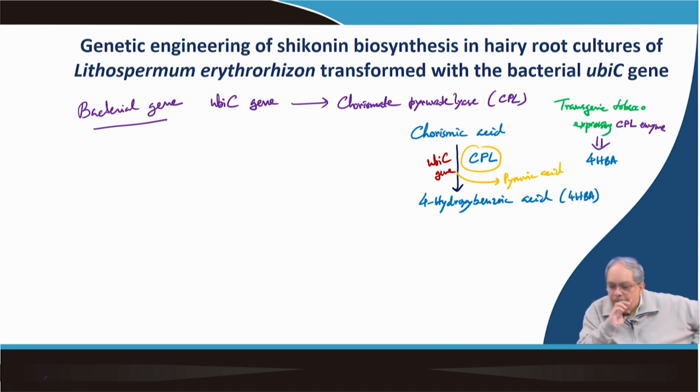Now, what I have shown in the previous slide is that 4-hydroxybenzoic acid acts as an intermediate for this pathway, for the shikimate pathway.